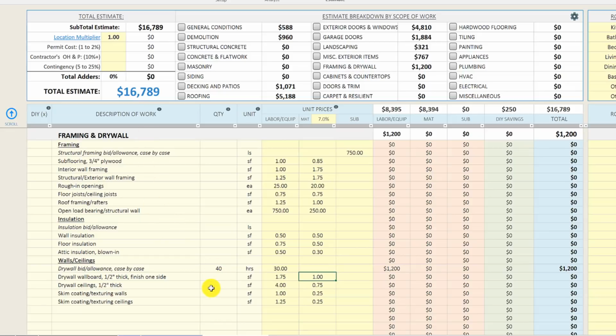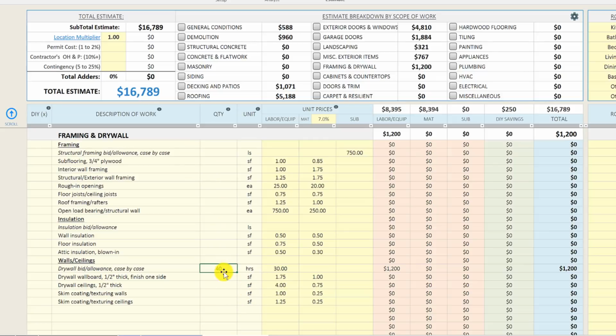Other than that, we did end up texturing the walls too. In this house, I think that might be included in this $1,200. Basically, instead of trying to patch all of the drywall holes and all of the damage, we ended up patching them, but then also texturing the walls to hide some of what we had going on throughout the property.